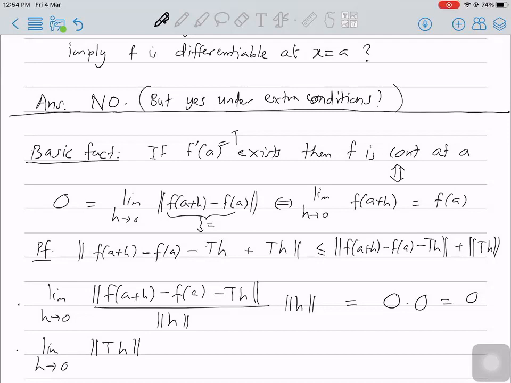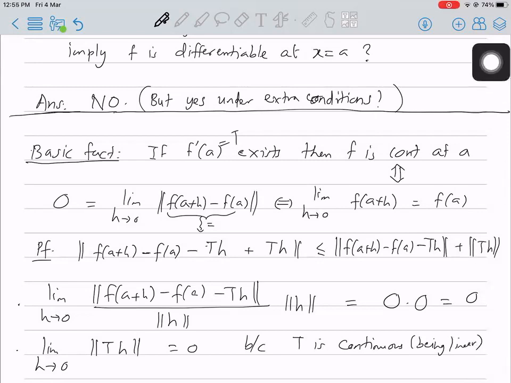T is continuous, being linear, and so T h goes to T of 0, which is 0 because T is linear. So done.